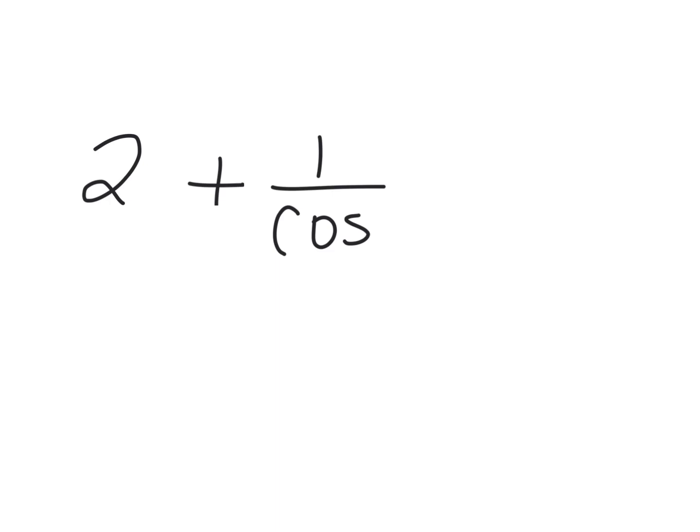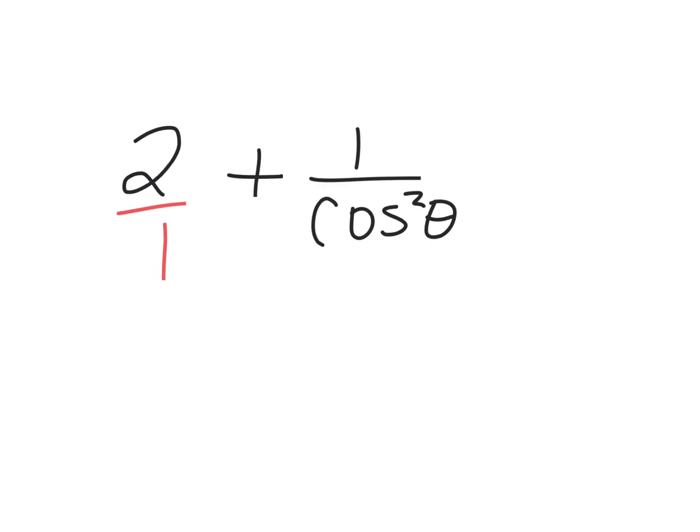Now, I know you could change that 1 over cosine into secant, but don't. Instead, whenever you get 2 fractions, think I should make them have a common denominator. And then I'll look at it again after they've got a common denominator.